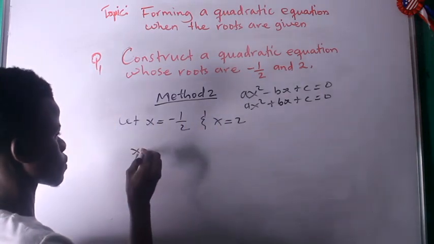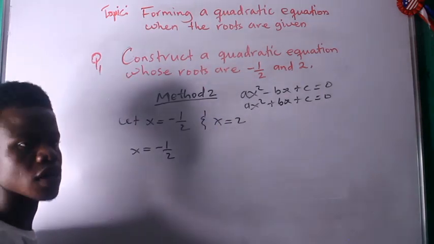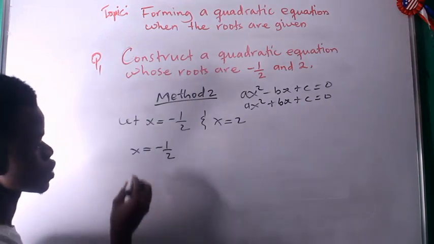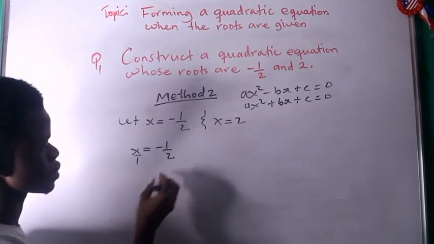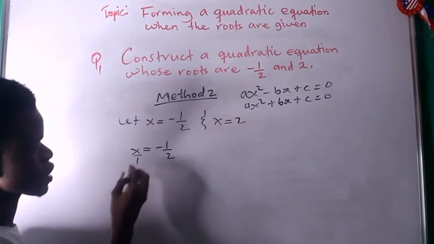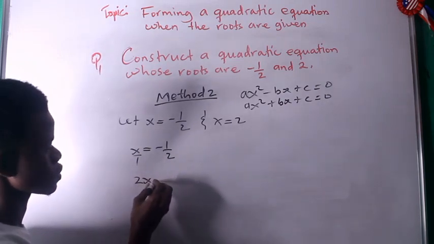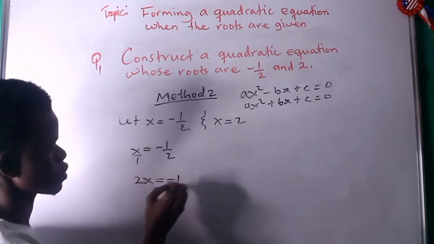So x is equal to minus 1 over 2. This is like a proportion, so we cross multiply: x times 2 is 2x, equal to minus 1.